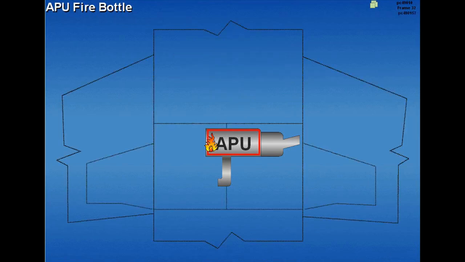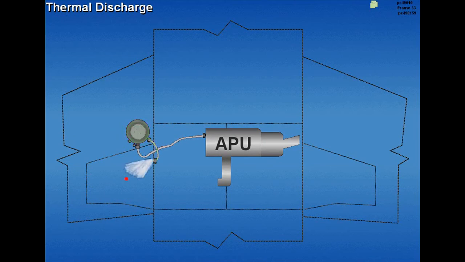Fire extinguishing is accomplished by a fire bottle located in the left wheel well. The bottle has a direct pressure reading gauge and is connected to a thermal discharge line. If the bottle vents due to overpressure, a red thermal discharge disc under the left wing will blow out.